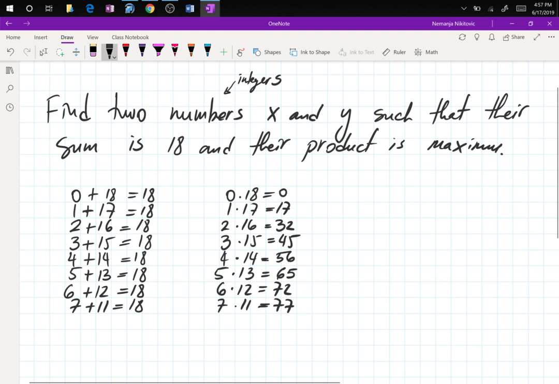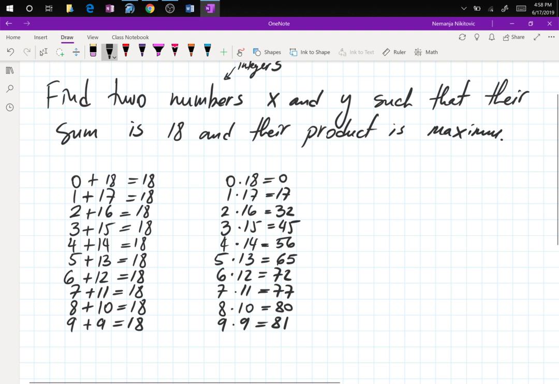You see, the product keeps getting larger and larger as we are doing this. So 8 plus 10 is 18. 8 times 10 is 80. And then we have 9 plus 9 is also 18. 9 times 9 is 81.